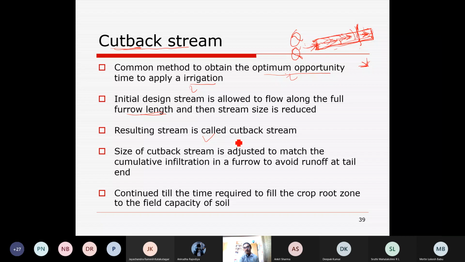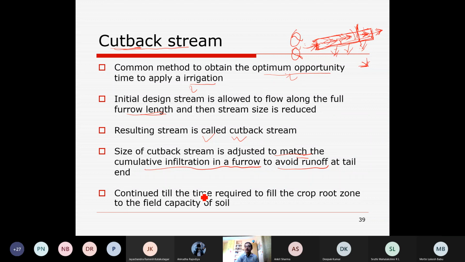The resulting reduced size stream is called the cutback stream. The size of the cutback stream is adjusted to match the cumulative infiltration in the furrow to avoid runoff at the tail. So we are cutting back or reducing the size of the stream to avoid any loss of water as runoff and allowing maximum water to infiltrate from this furrow channel section.